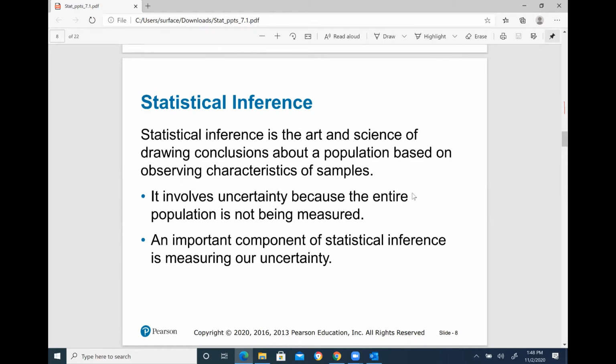So we say it involves uncertainty because the entire population is not actually being measured. An important component of statistical inference is measuring our uncertainty. Here they're talking about uncertainty mostly. So statistical inference helps us draw a conclusion about the population based on observing only what was collected, not the reality.